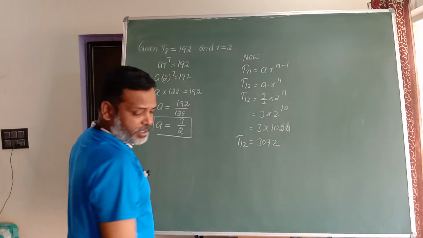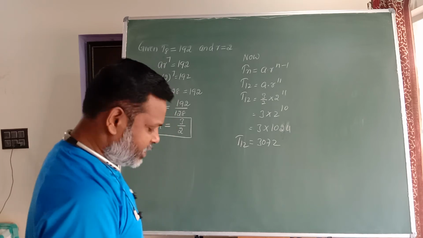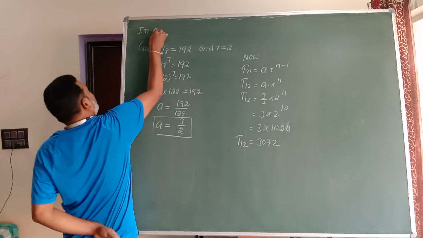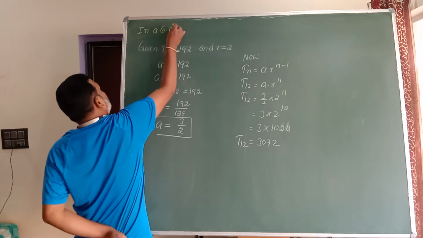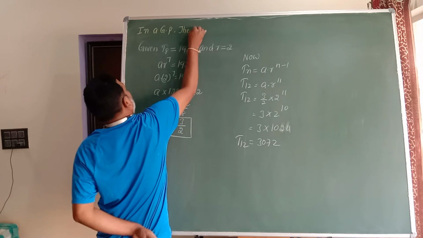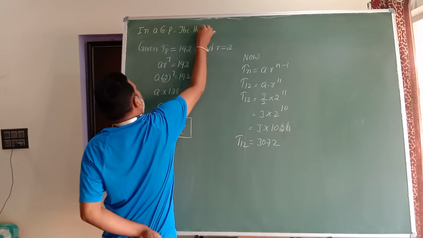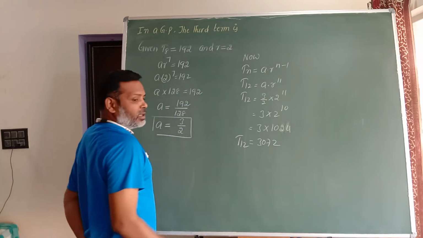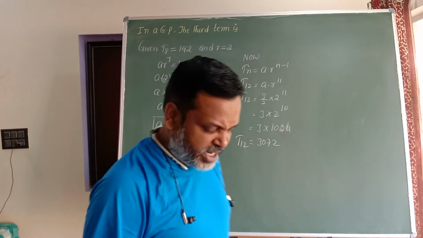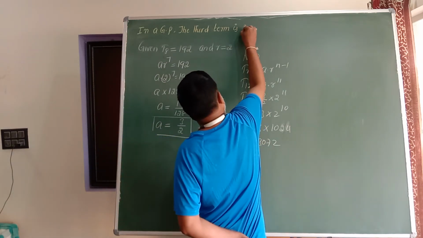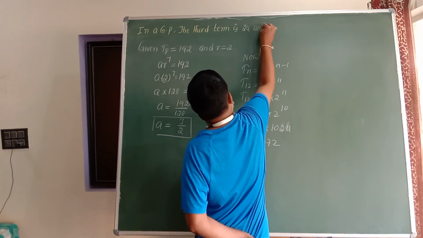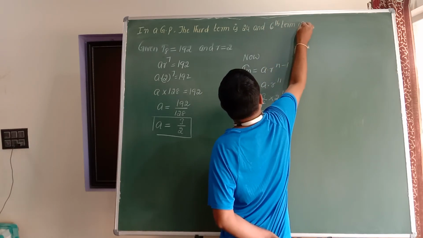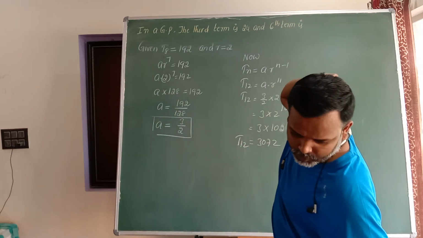I can write the question here. In a GP, the third term is 24, and the sixth term is 192.